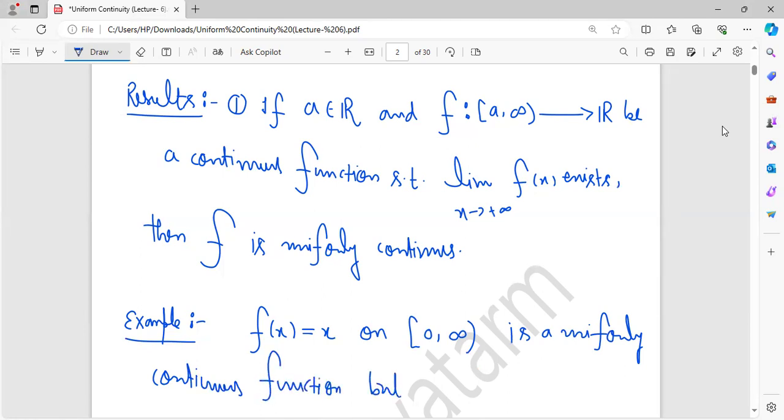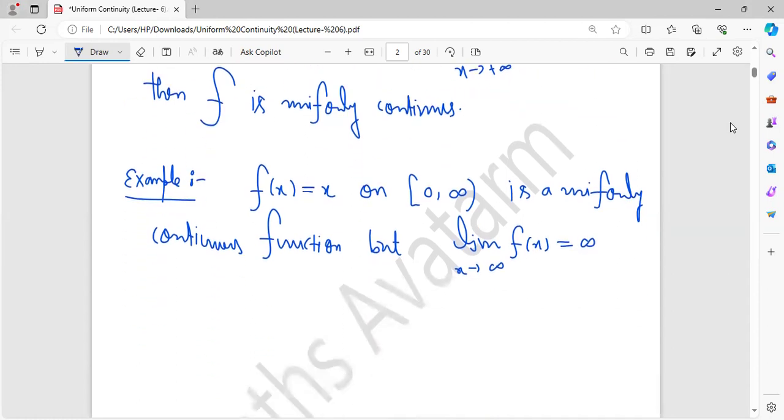But the limit as x tends to infinity of f(x) is infinity. It means the limit does not exist. But still the function is uniformly continuous.